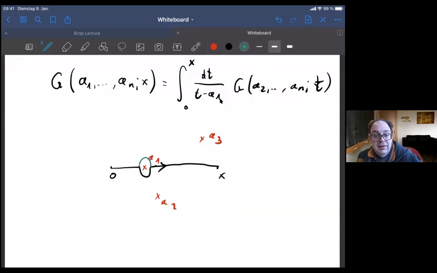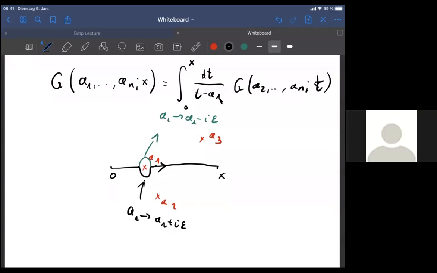For now, you can say whenever the integration variable lies on the path, I have to indent. Green here would mean that A1 is interpreted as A1 minus i epsilon, while the lower indentation would be A1 is interpreted as A1 plus i epsilon. Okay.